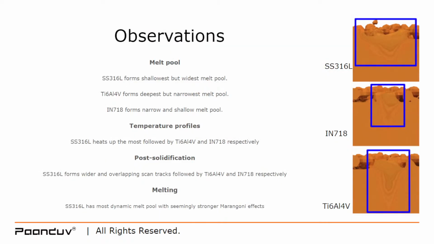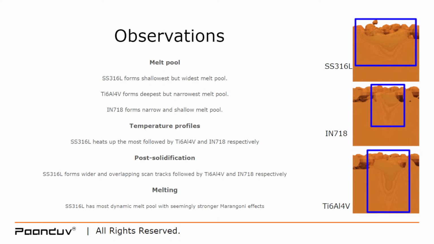Okay, so if we were to summarize all these observations we made from this case study, we can say that as far as the melt pool goes, SS316L forms shallowest but the widest melt pool. Ti64 forms deepest but the narrowest melt pool, and Inconel 718 forms narrow and a shallow melt pool.